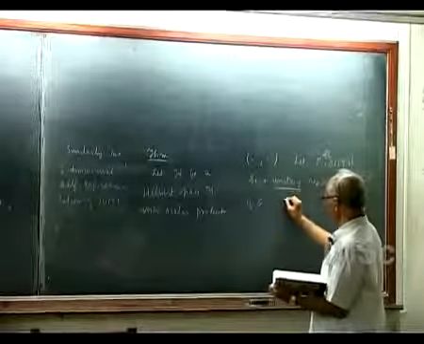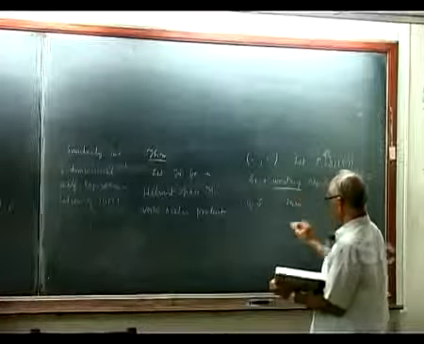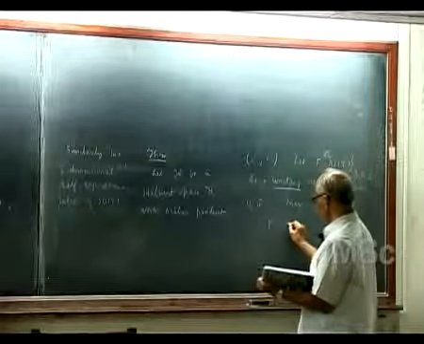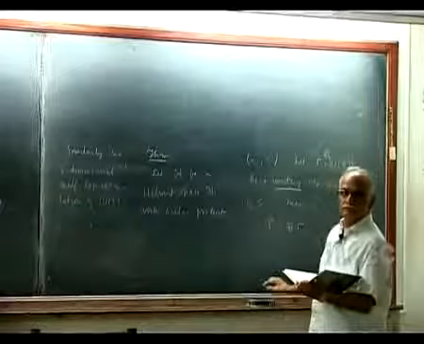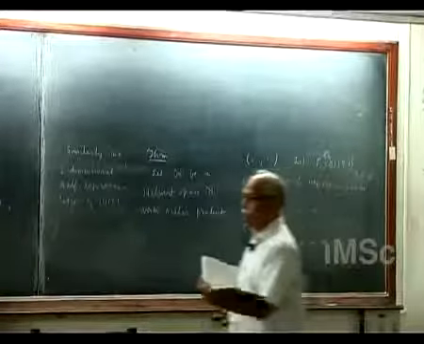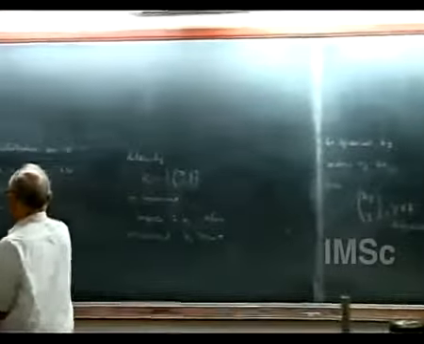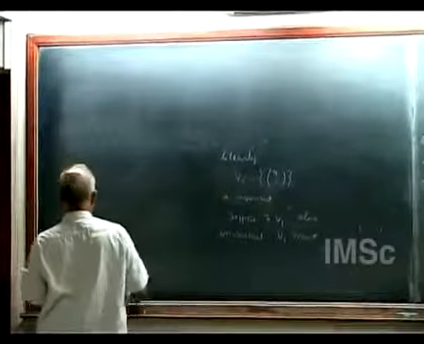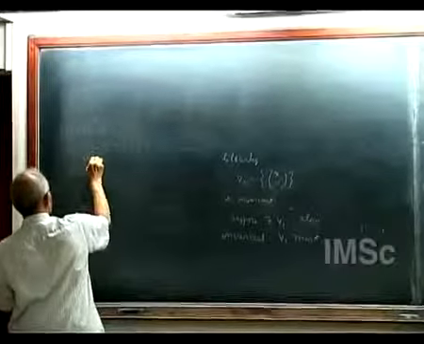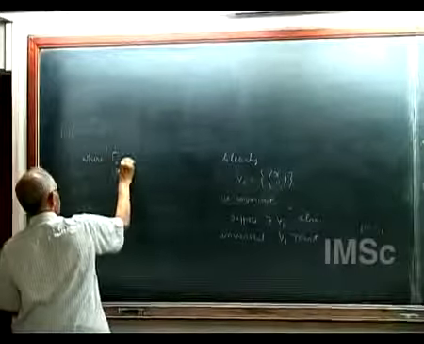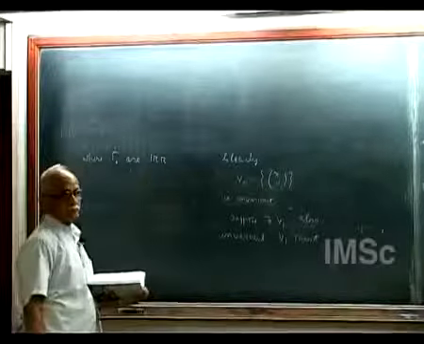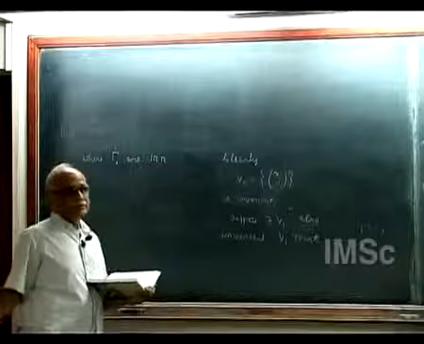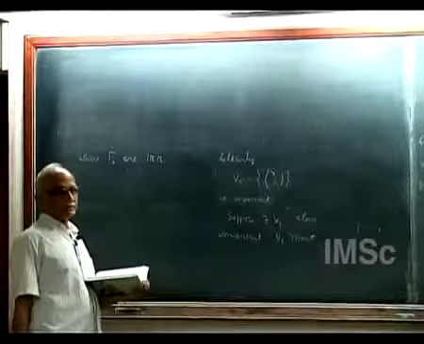Then gamma is a direct sum of gamma_i, but gamma_i are irreducible. So you can completely decompose it into a direct sum of irreducibles.